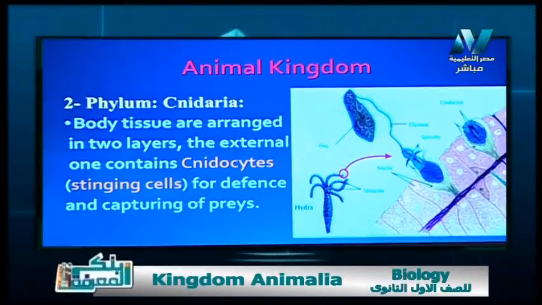Here is an example of this phylum, the hydra, and as you see, the mouth opens at the top of the organism, and there are some tentacles surrounding it. The most important characteristic in this phylum is the presence of stinging cells in the tentacles. And these stinging cells are used to catch prey or to defend against enemies.